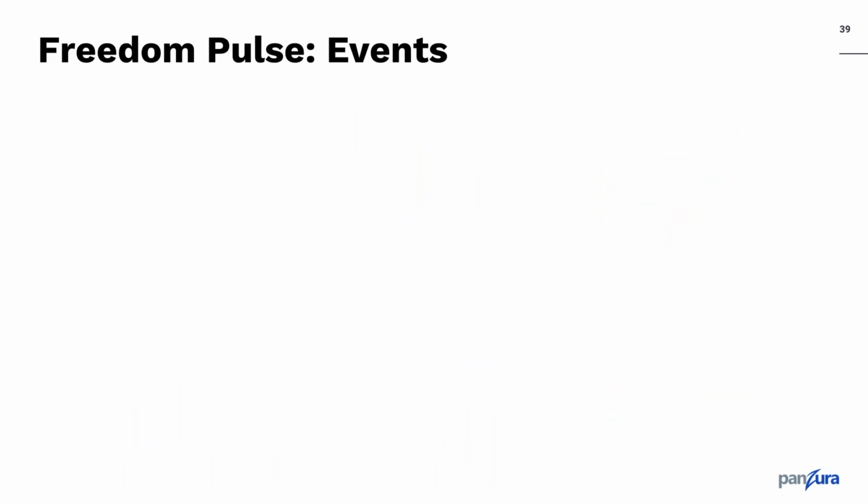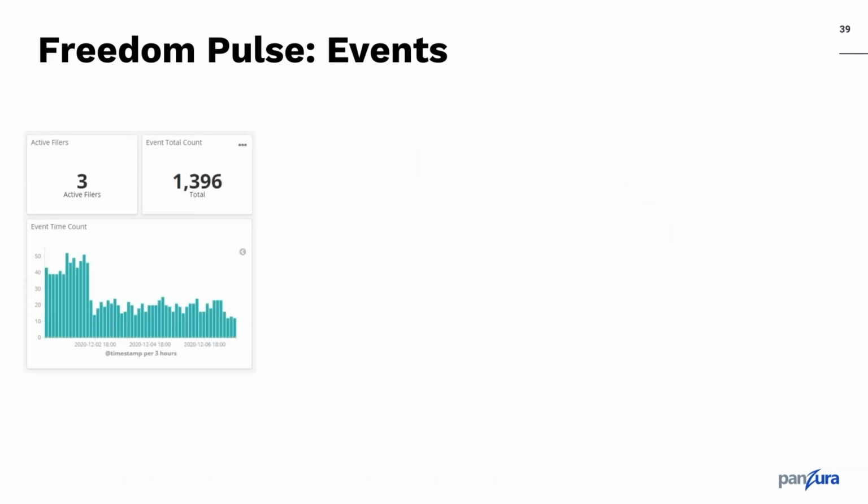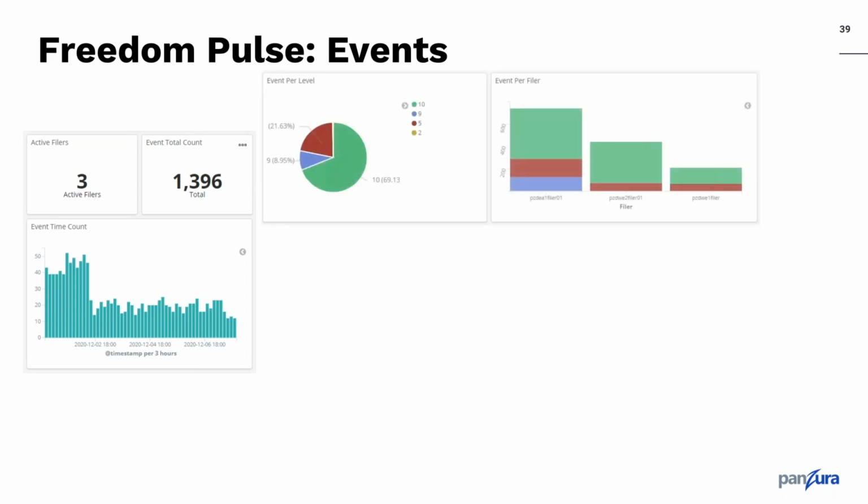We also have events available on Freedom Pulse. Now, these events have their own values for being aggregated. So for instance, where you saw just the list of events on the filers themselves, in Freedom Pulse you're getting them aggregated. So you can see events over time, which is a very valuable view to activity or potential problems. Not only are they just straight events, but you can also look at events by level, or even events by filers for looking for filers that might have a higher event rate, or even events by category if you're looking for high severity events.